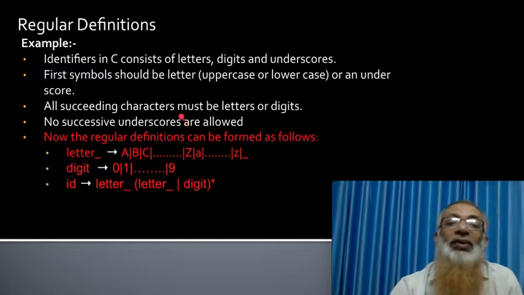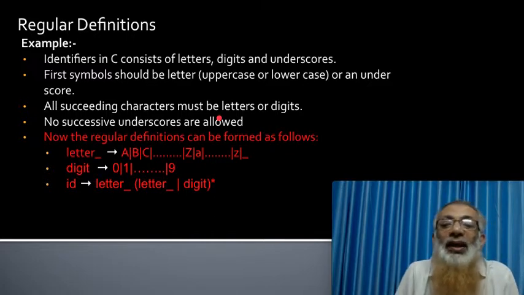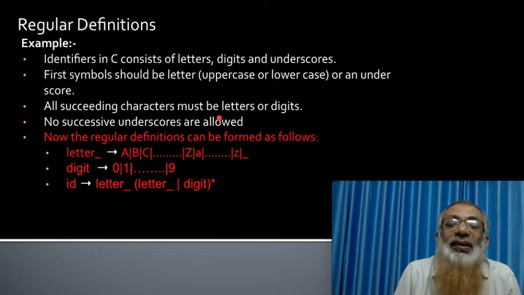Now, with these rules spelled clearly in natural language, we are in a position to judge, if an identifier is given to us and we are asked which of these are valid identifiers as per the C syntax, we will be able to classify that manually. The same pattern can be formed as a series of regular expressions.